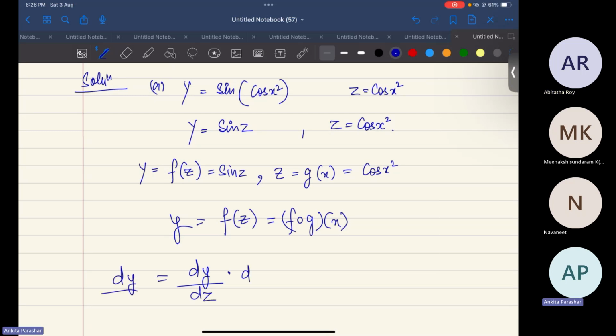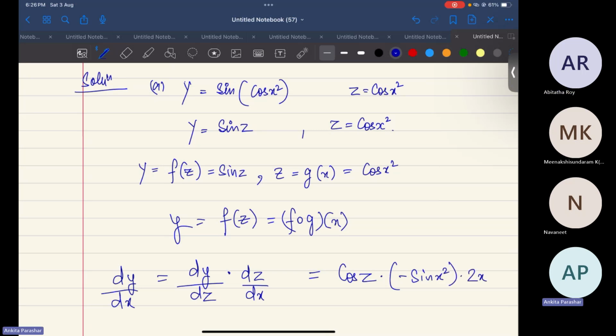So dy by dz will give us cos z, and dz by dx by chain rule will give us minus sine x square into 2x.